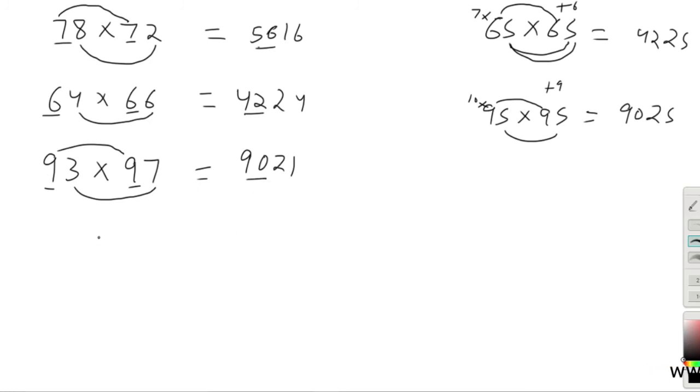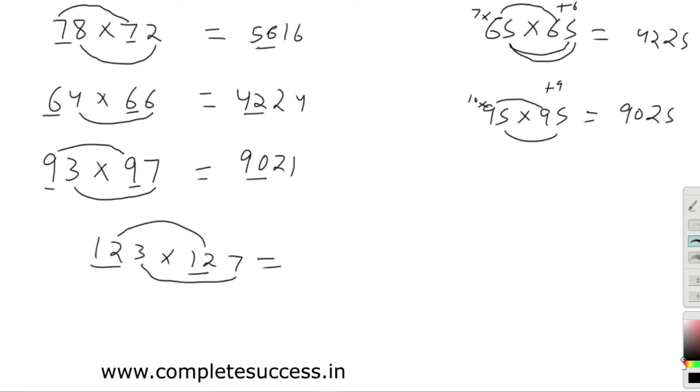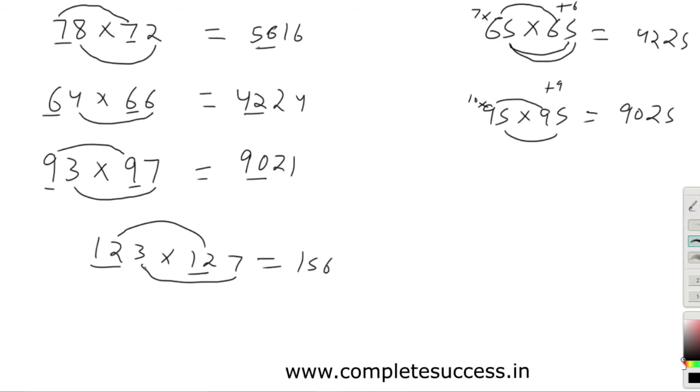For example, 123 into 127 now is 3 plus 7, 10. And both the values 12, 12 are same. So what is 12 into 12 plus 12, or we can say 12 into 13 is 156. What is 3 into 7? 21. That is your answer.